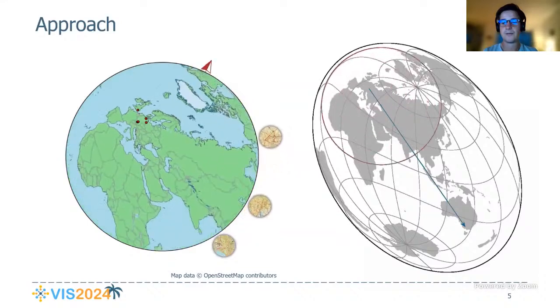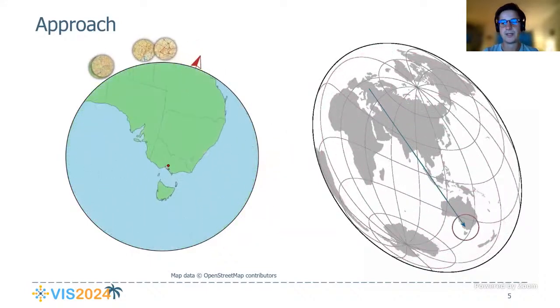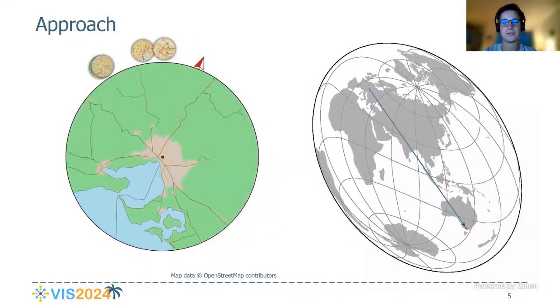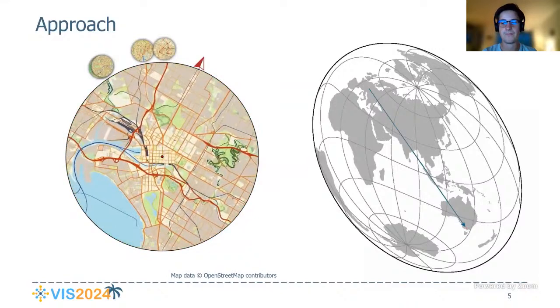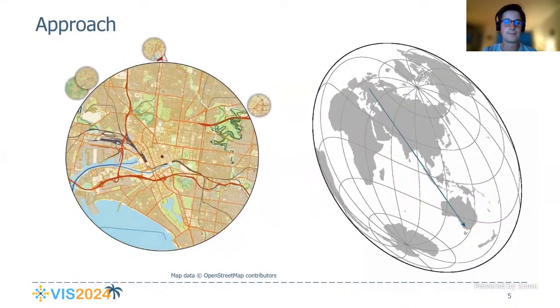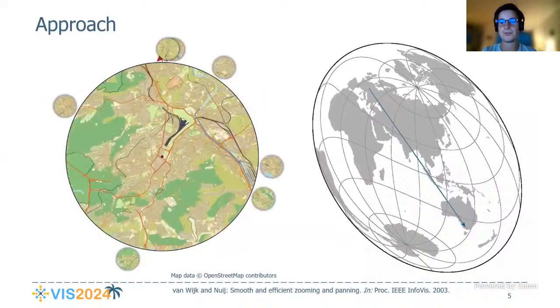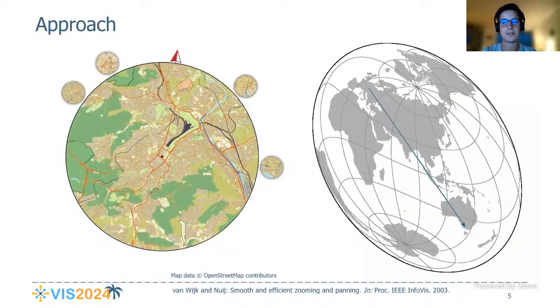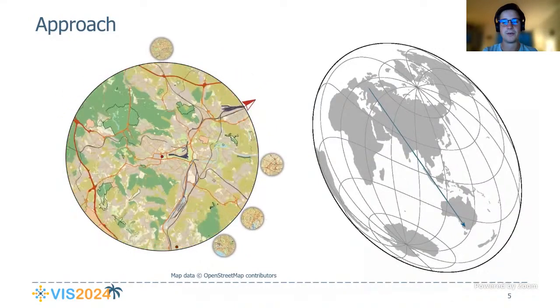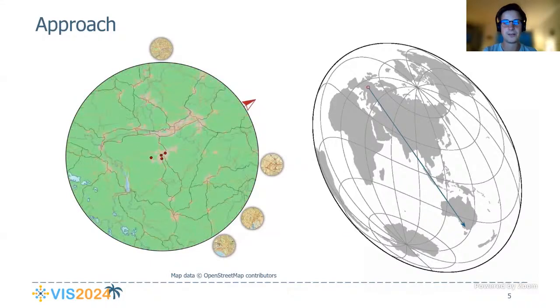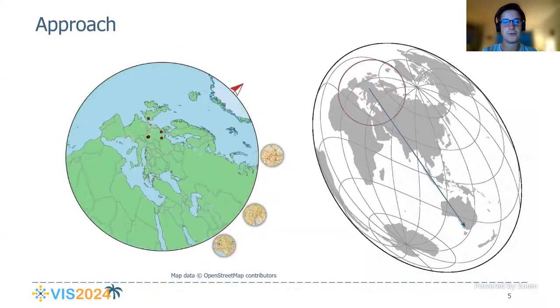Clicking on one of these proxy maps will initiate an animated zoom and pan transition to its location. Here, we use the zoom and pan transition path as suggested by Van Wijk and Nuij. On the right side, you can see the viewport of the transition over time.